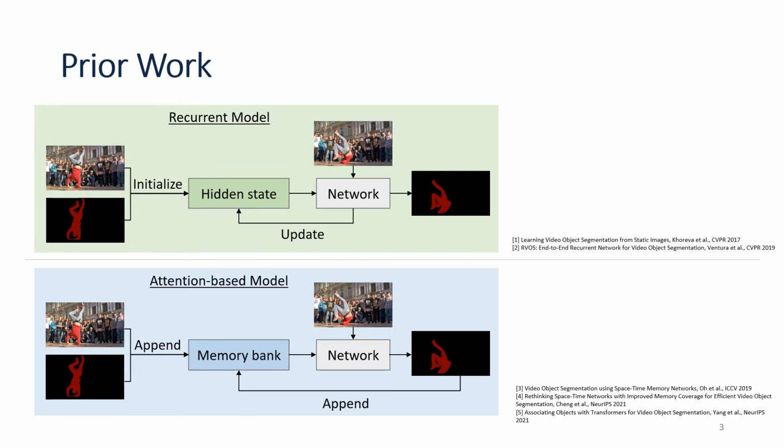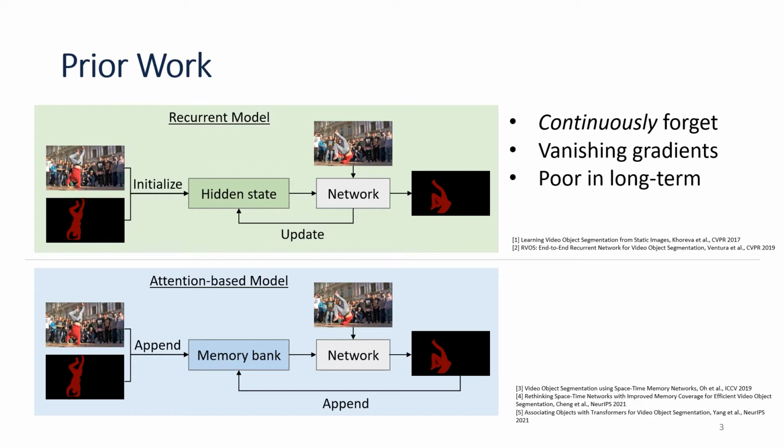However, both of these approaches have shortcomings. For recurrent models, since it is continuously forgetting its hidden representation, that would manifest itself as a vanishing gradient problem, which means it actually performs poorly in the long term.